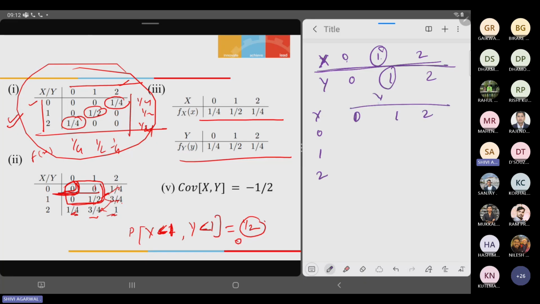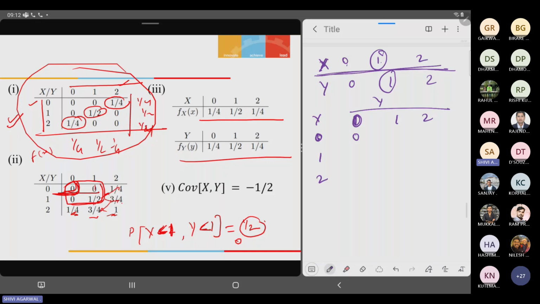Now X is equal to 0 and Y is equal to 0 means no head, no tail. Is it possible? Not possible. So that's why the probability is 0. No head, no tail. When X is 0, out of two tosses there is no head, so is one tail possible?